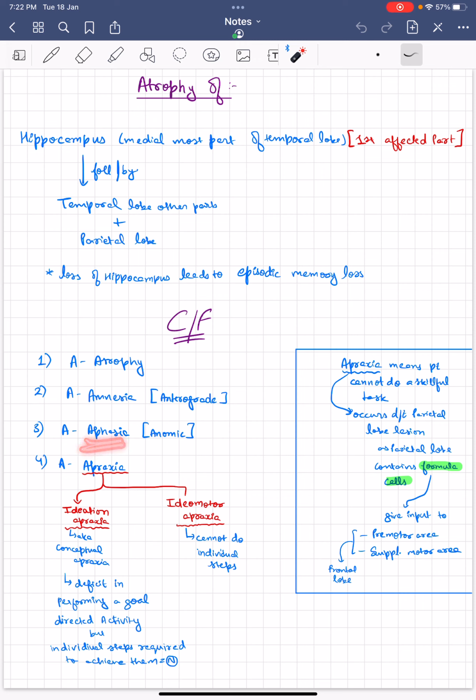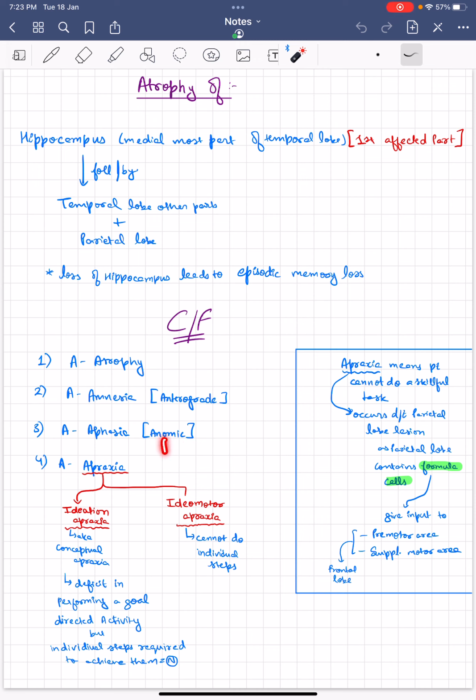Aphasia means whenever there's a lesion leading to an inability to communicate, the person is unable to communicate. I think that's what aphasia is. You'll have to see what it is. Anomic aphasia is seen whenever the angular gyrus is affected, just as I remember.